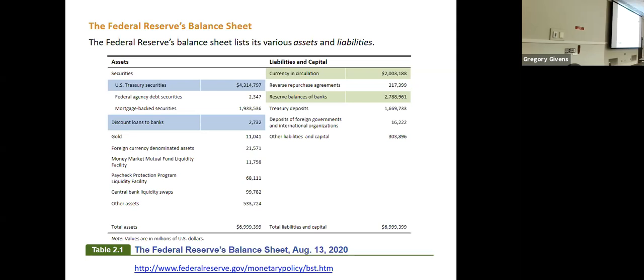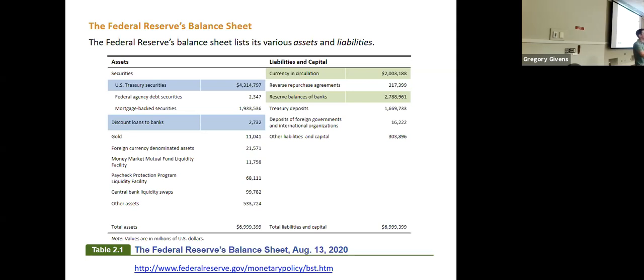What the Fed does instead is it buys existing Treasury bonds from the private sector, from what are called primary securities dealers. That's a fancy way of saying the big banks, Bank of America, JP Morgan, Goldman Sachs, et cetera. There's 20 or 25 primary securities dealers that engage with the Fed on a regular basis. And that's who they buy and sell U.S. Treasuries from.